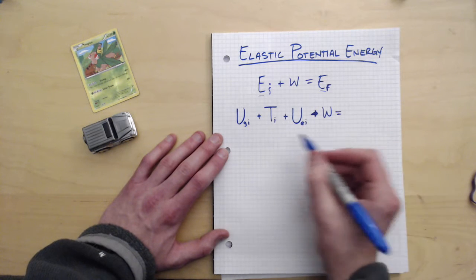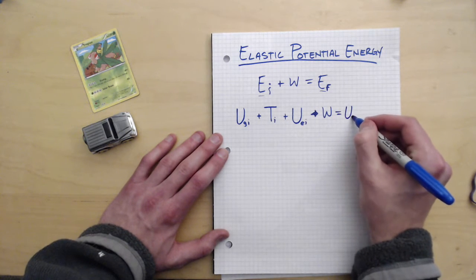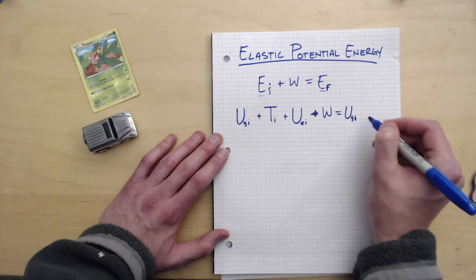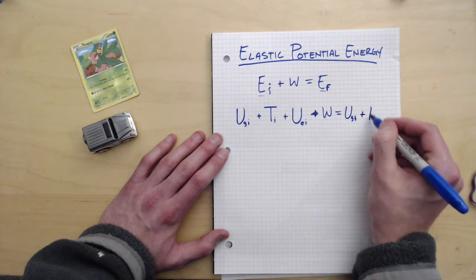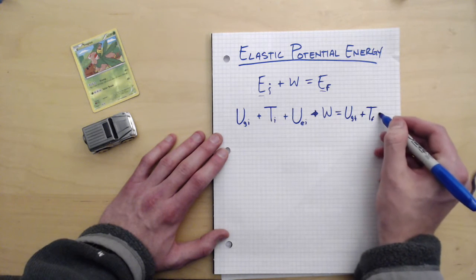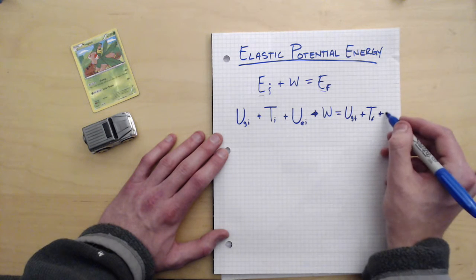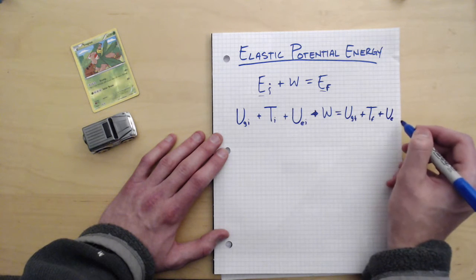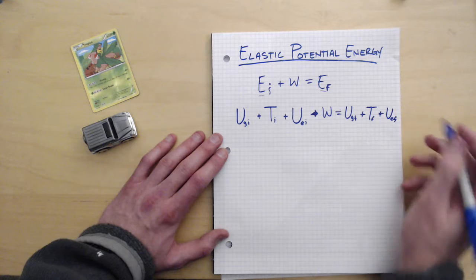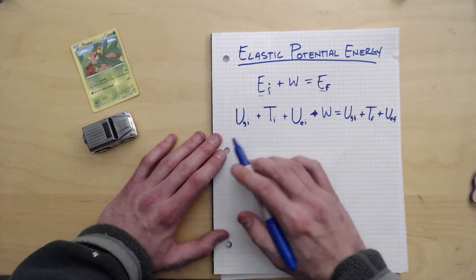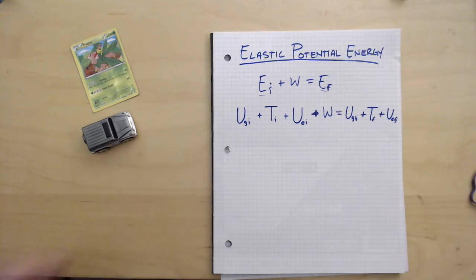And that's just going to equal our gravitational potential energy final, plus our kinetic energy final, plus this new elastic potential energy final. So here we have this long equation to describe situations where we're using elastic potential energy.